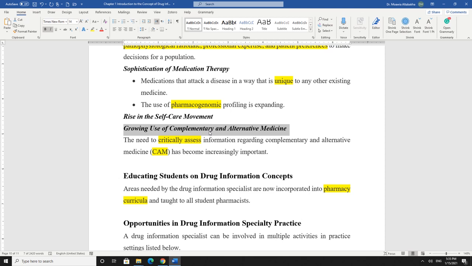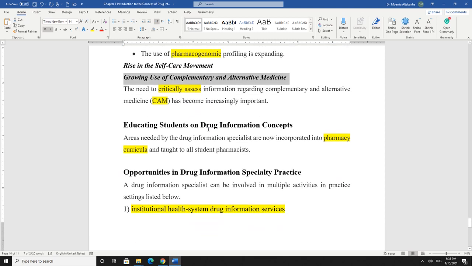So the information is scarce, meaning little. Whatever information there is, we need to be able to look at it and assess it. And you as a pharmacist are the best one to do that.